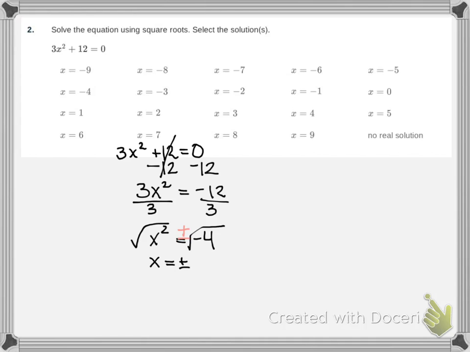There is no way you can take the square root of a negative, so there is no solution for this one. Since there's no real solution, we just circle that one right there.